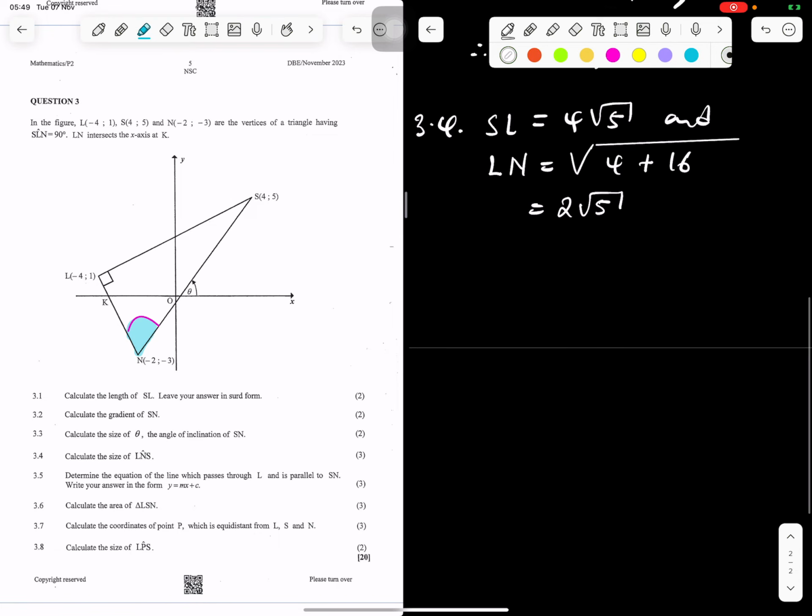Now you have 2 square root of 5, and then here is 4 square root of what? Of 10. Oh, wait. It is square root of what?